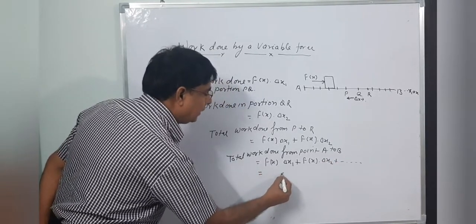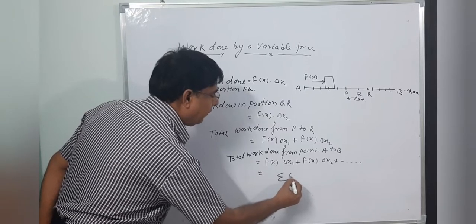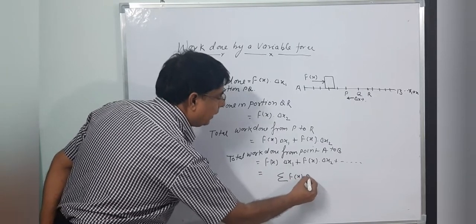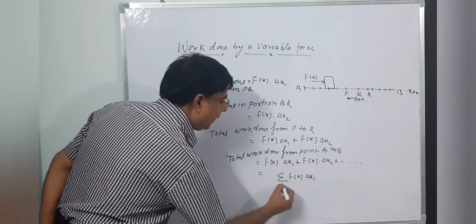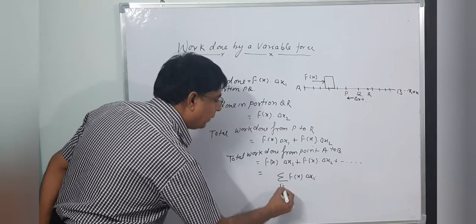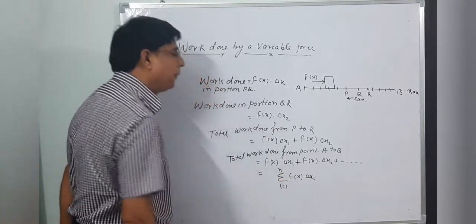Or we can write the summation sign f(x) delta x_i, and take the limit i equal to 1 to n.